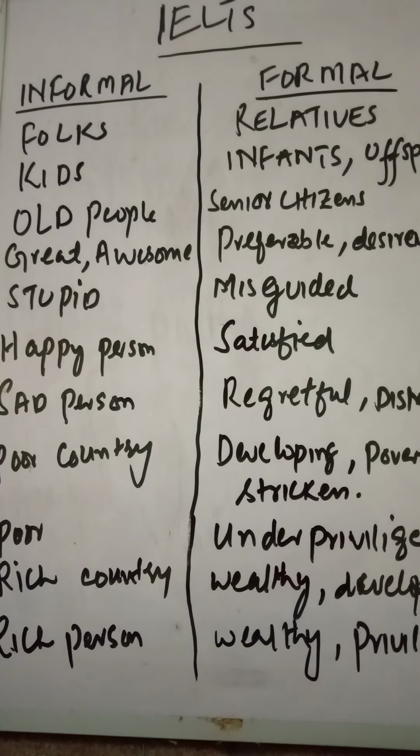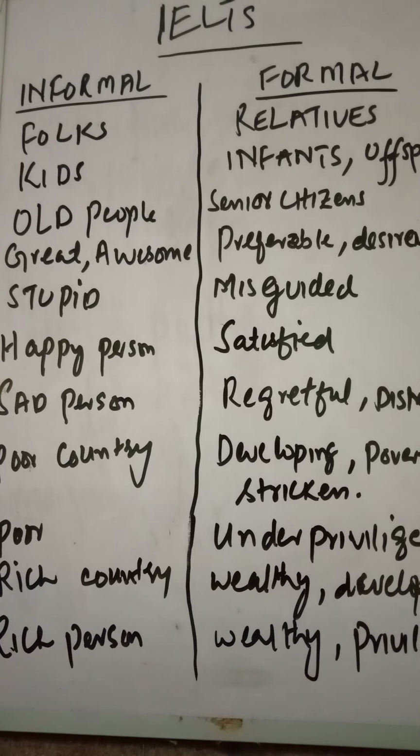So these are some of the formal and informal words which I took from some different sources in order to help you use them appropriately in your spoken and written English. So on the left hand side, these words are informal and can be used for the spoken English, because you know the spoken English is very natural and you're allowed to use some informal language in your IELTS test even.